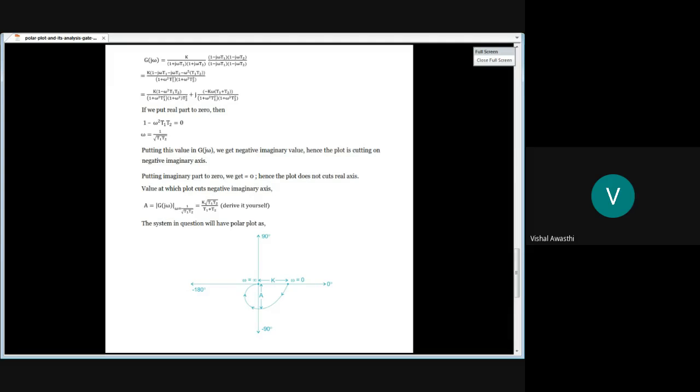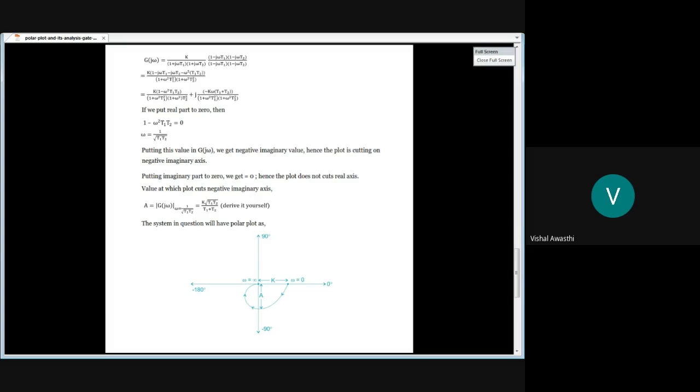You can see on your screen, so when you put real part equal to 0, it means K into 1 minus omega square T1 T2 divided by 1 plus omega square T1 square, 1 plus omega square T2 square, and when you equate with 0, the denominator will cross multiply with 0, so the only term is 1 minus omega square T1 T2 equal to 0.